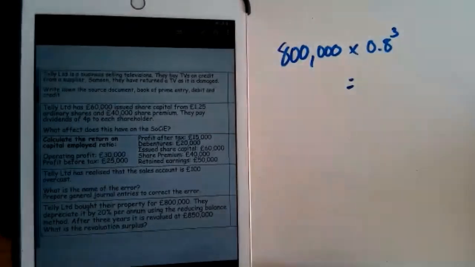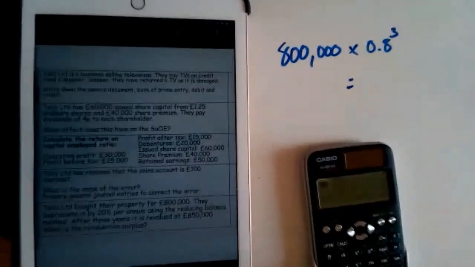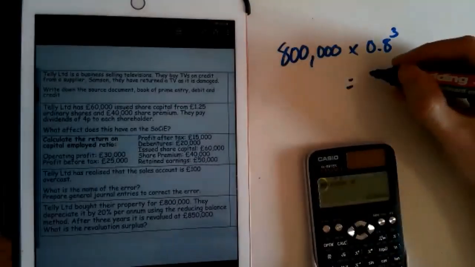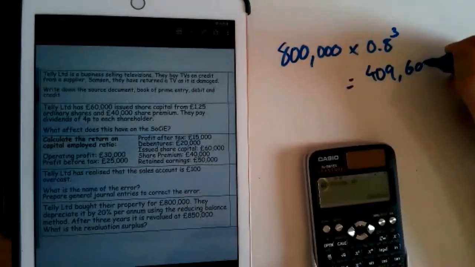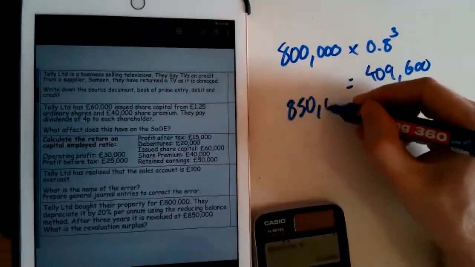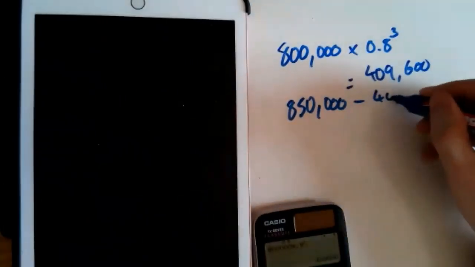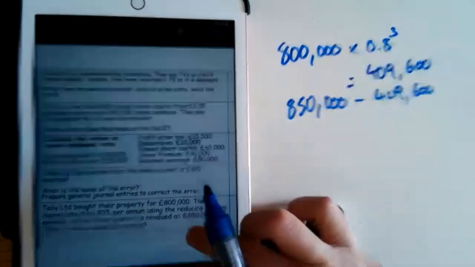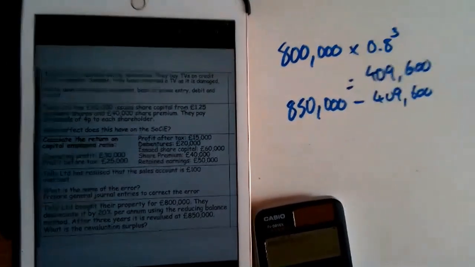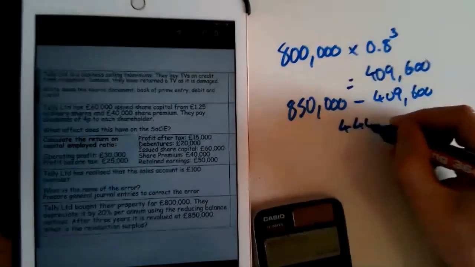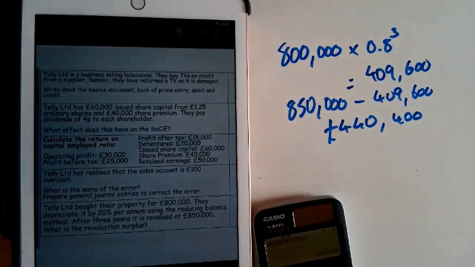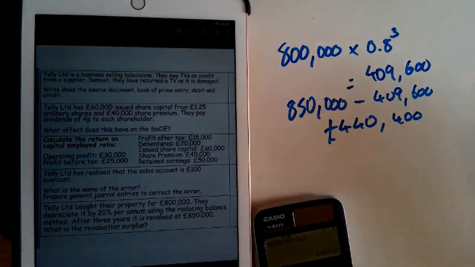I'm just doing a quick method. Remember, it's like compound interest at GCSE. So we get 409,600, and it's now been revalued as this. So I take away the net book value, not the cost value, the net book value. It's always handy if your calculator's got an answer button on it. And there we go. The surplus is £440,400.